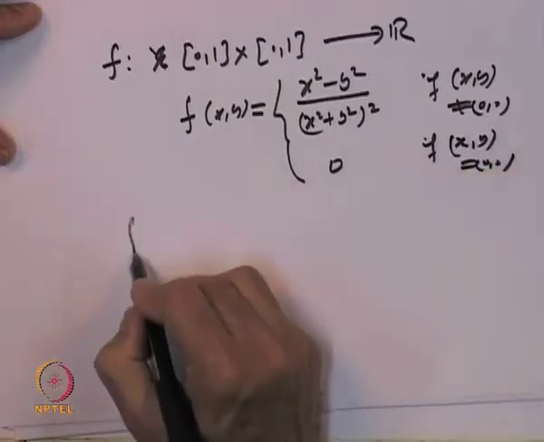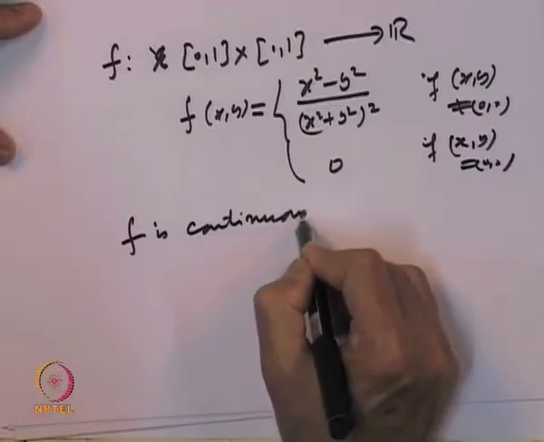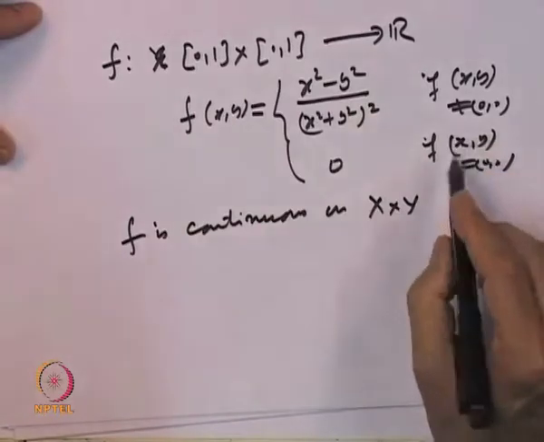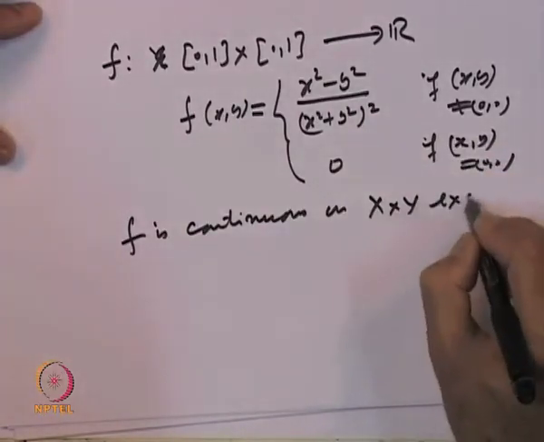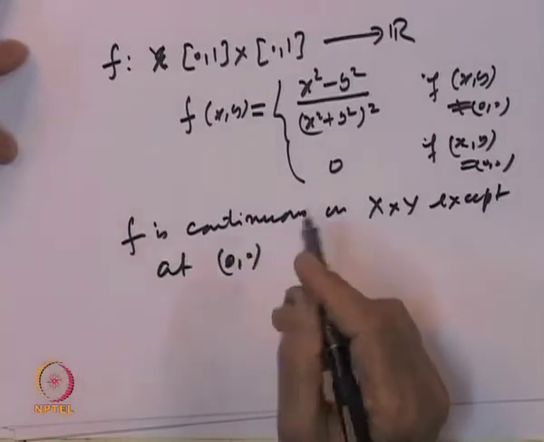So, the claim is this function f is continuous on X cross Y, that is [0,1] cross [0,1], except at the point (0,0).